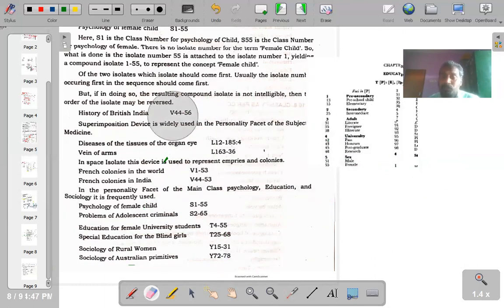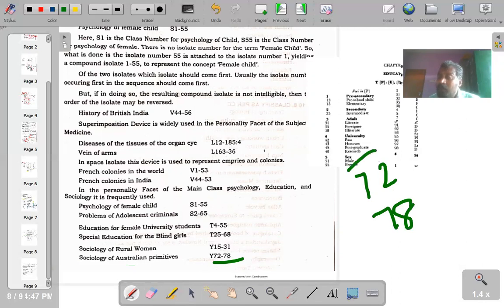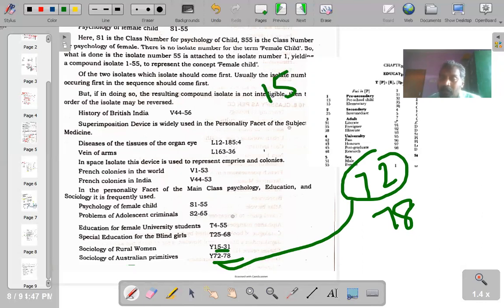If you take this case, both are 2 digits, 72 and 78. Which is smaller? 72 is smaller. That has to be written first. No problem. Here 15, 31. A 2-digit number, again a 2-digit number. Which one should be written first?